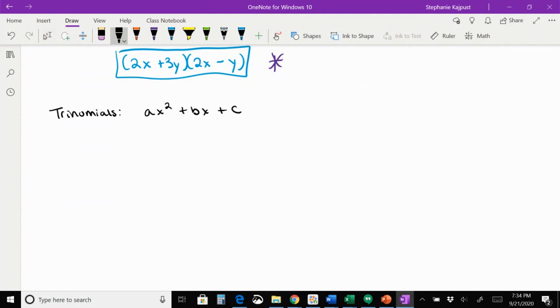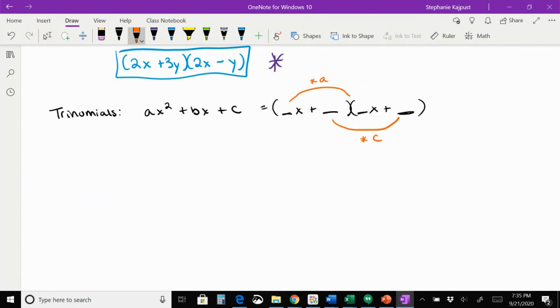But basically, the trinomial is you're trying to undo your FOIL, where you have something in front of each x, and then you have something in the end. And the first terms need to multiply to a. The last terms multiply to c.